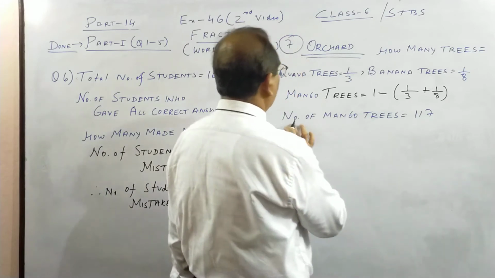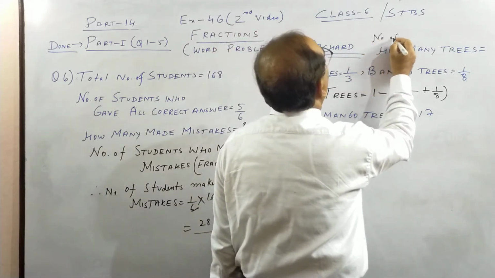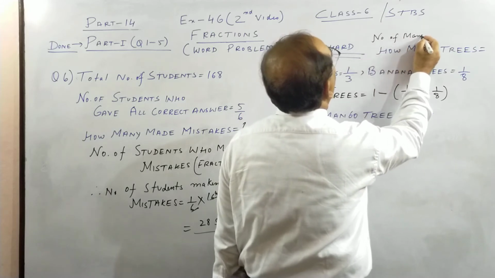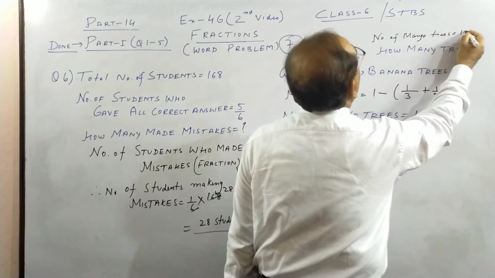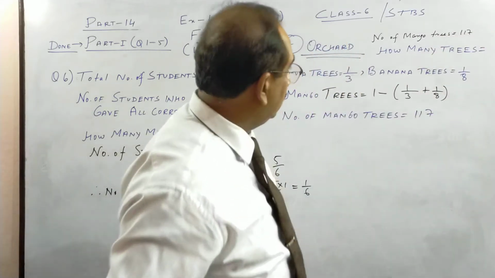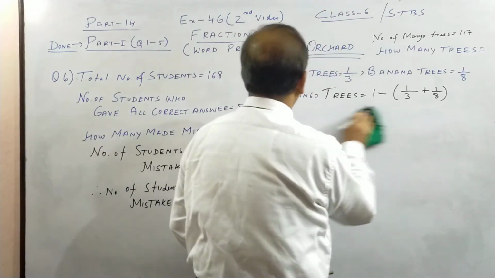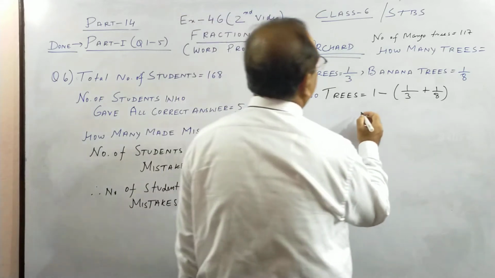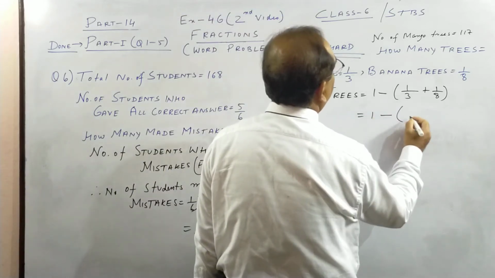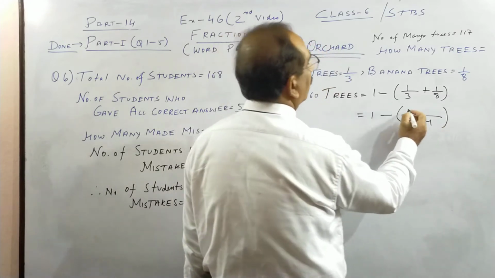So here I write the number of mango trees as a number, we have 117. This I will rub because I have to do the simplification of this fraction. So children, LCM of this will be 24, 3 will go 8 times.